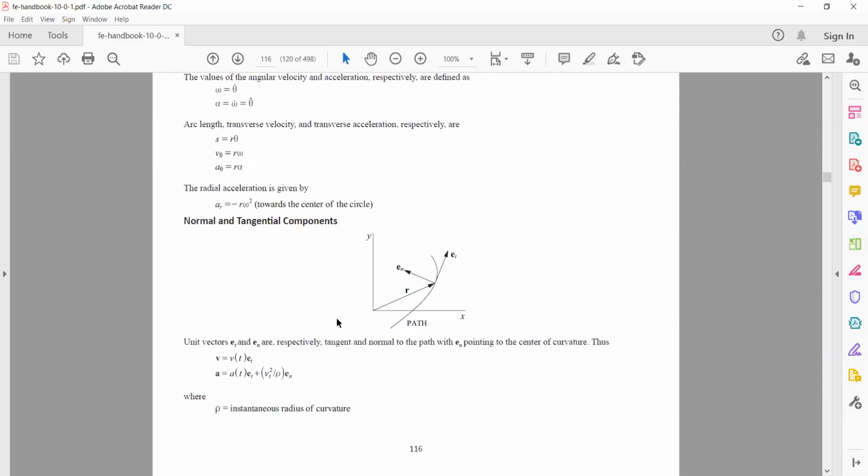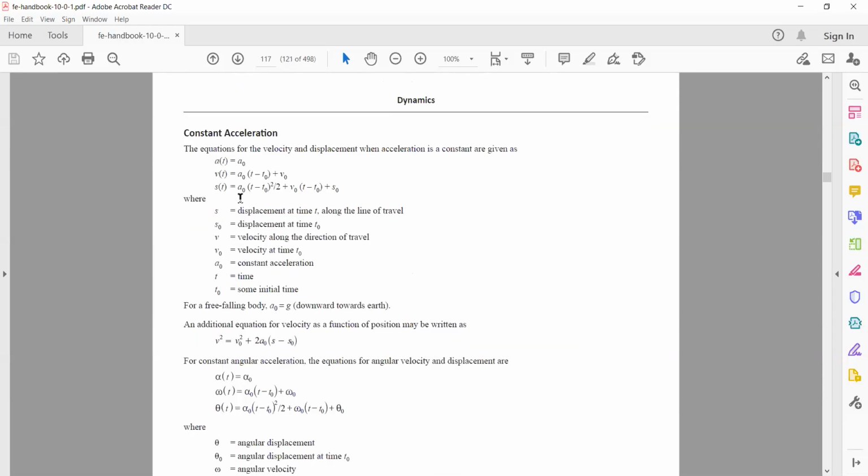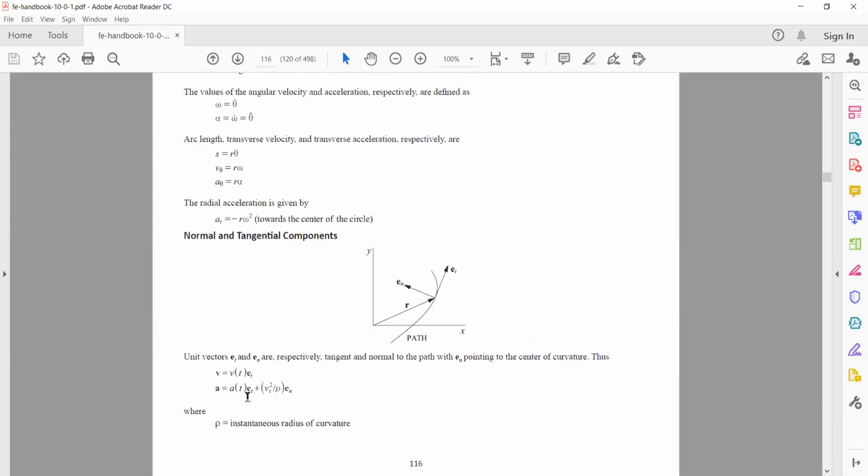You can find the tangential component via, let's say, the tangential acceleration, which I believe is r alpha, and then r omega will get you the tangential velocity. I'm not sure why they don't. Actually, no, it's right here.